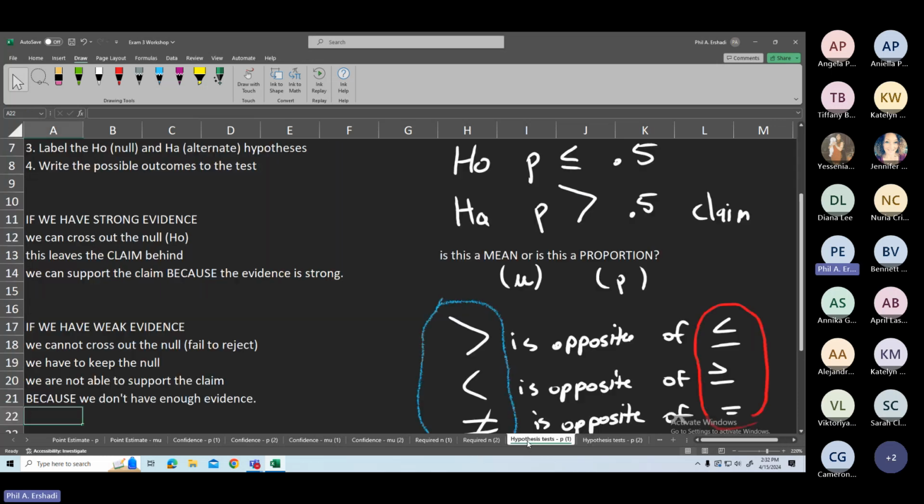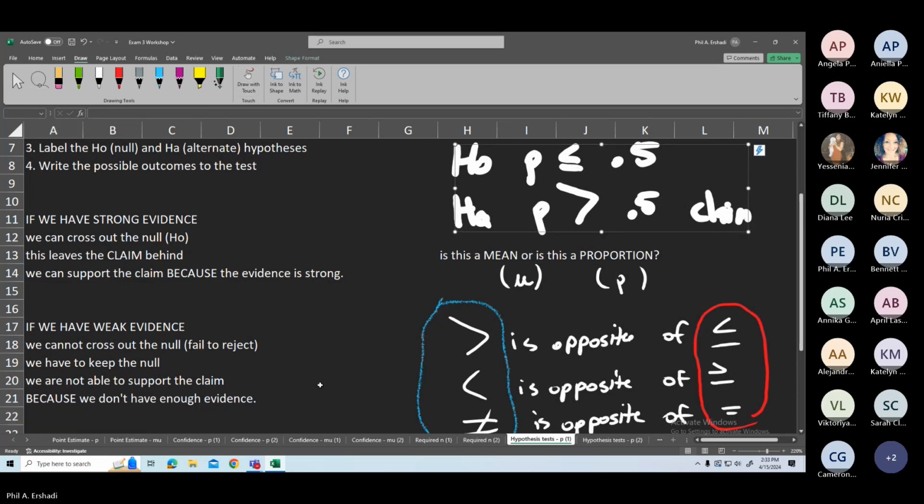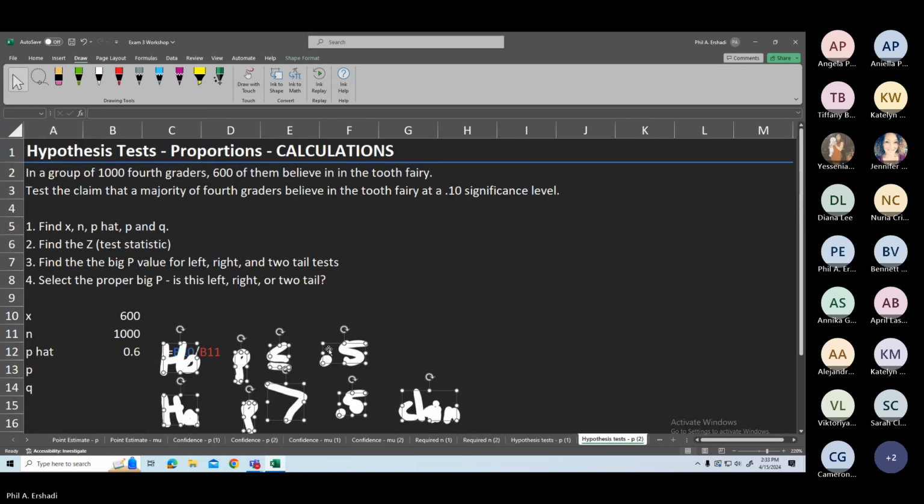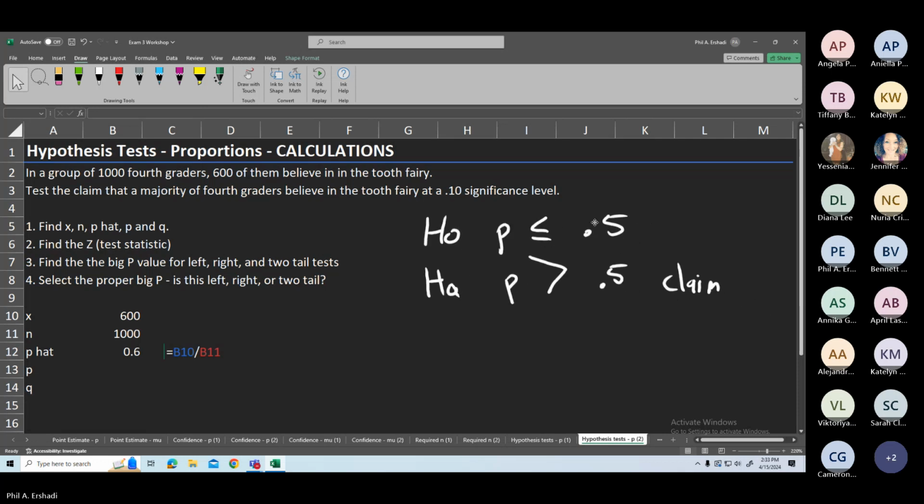And just to remind ourselves, let me go ahead and grab the null and alternate from the previous step and pop them onto this page. Okay, so now we got the X, N, and P hat. How do I get P and how do I get Q?